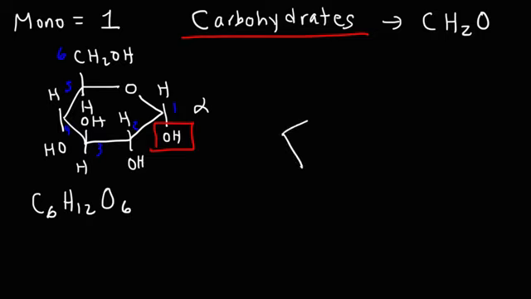Fructose forms a 5-membered ring in its cyclic form, but fructose has the same chemical formula as glucose. And the structure looks like this.